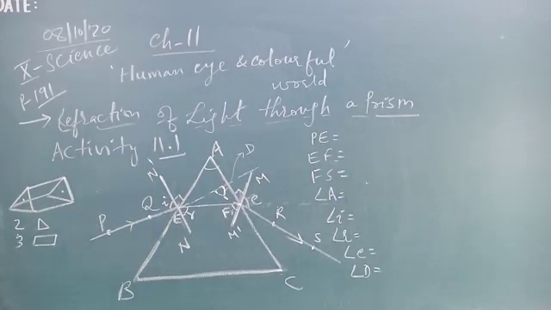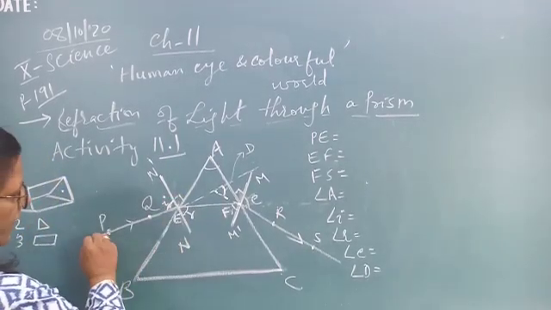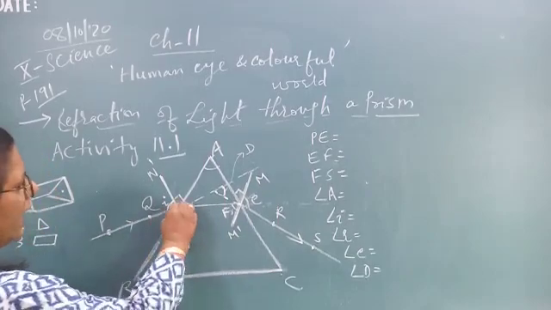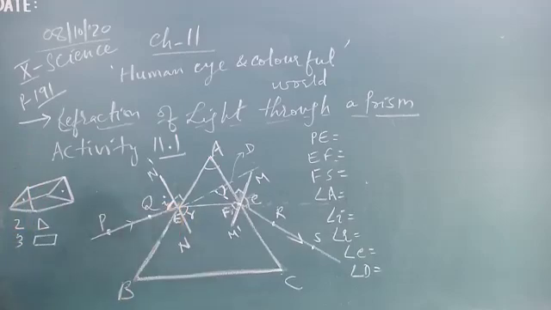Now mark the angle of incidence. The angle formed between the incident ray and the perpendicular is denoted by I, and it is called the incident angle.